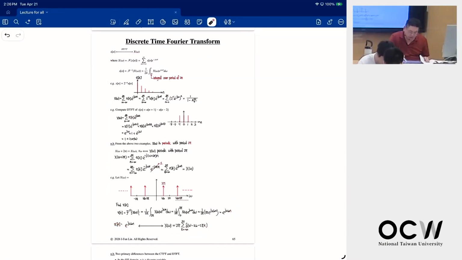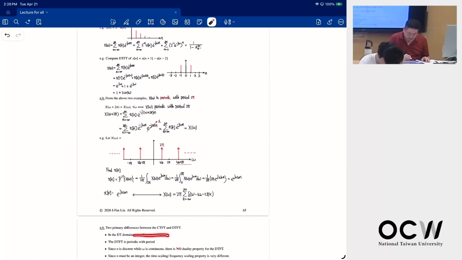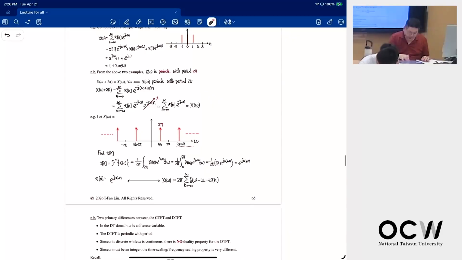Okay, so from this page, you may observe something. First, let's see the differences between the continuous time Fourier transform and the discrete time Fourier transform. What are the differences? First, in the discrete time domain, n is a discrete variable, so n is only 0, 1, 2, 3, 4, 5. So I only have e to the j omega naught, e to the j 2 omega naught, e to the j 3 omega naught.